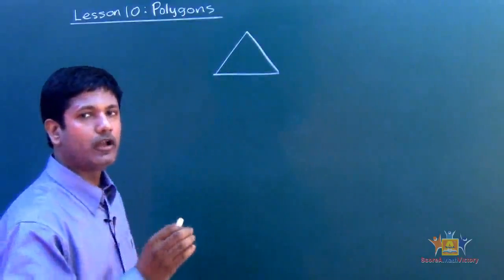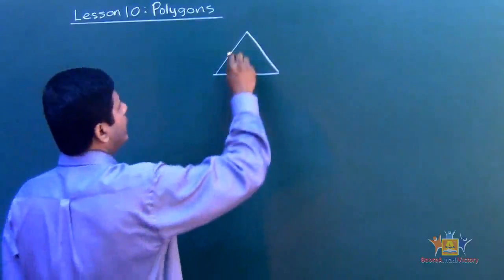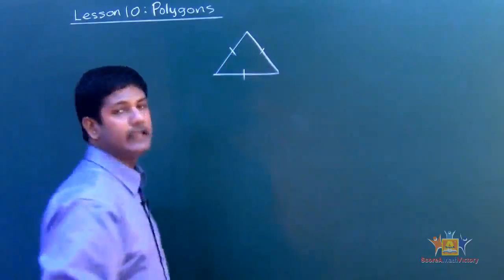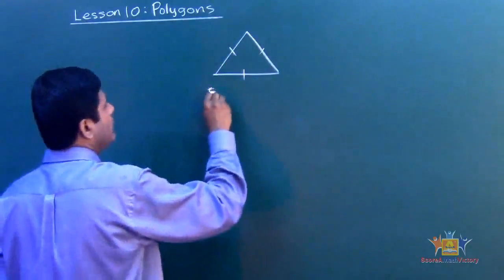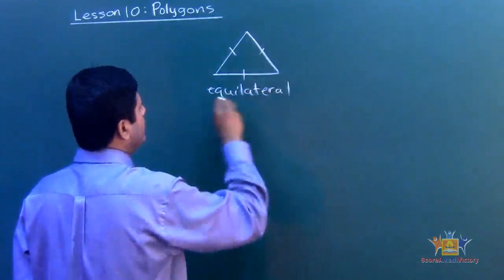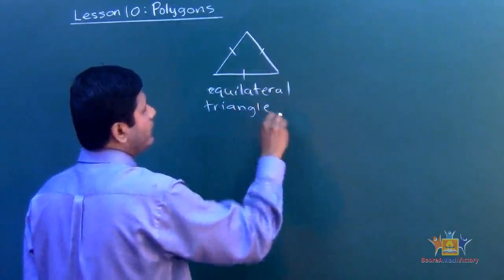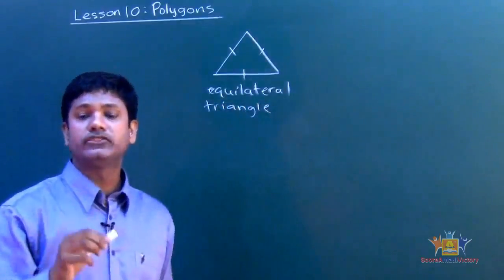The first one is called the equilateral triangle. The equilateral triangle means all the sides are equal length, and that is called equilateral, okay? Equilateral triangle. What's the characteristic of an equilateral triangle? All the sides are the same.